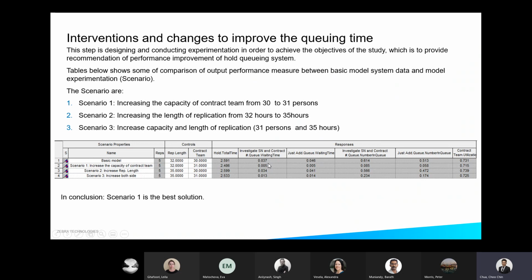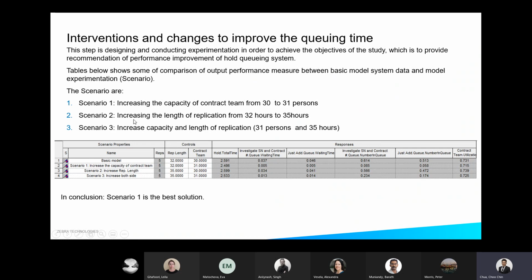So we can see there is an improvement, right? And the utilization rate will also decrease, and the average queuing number will also decrease.